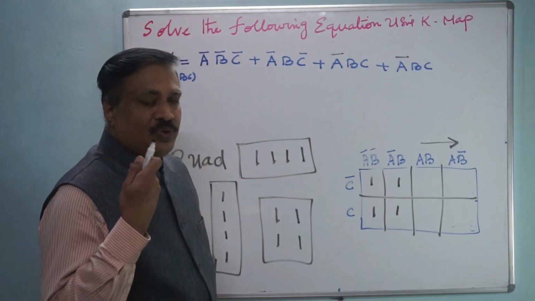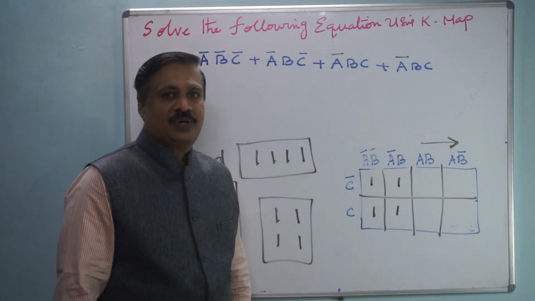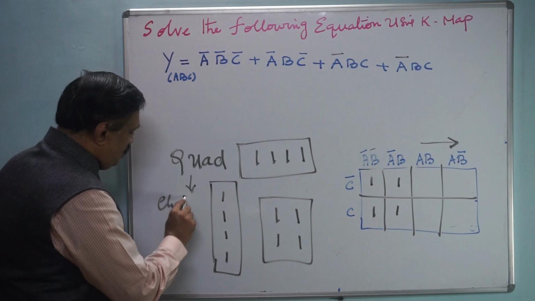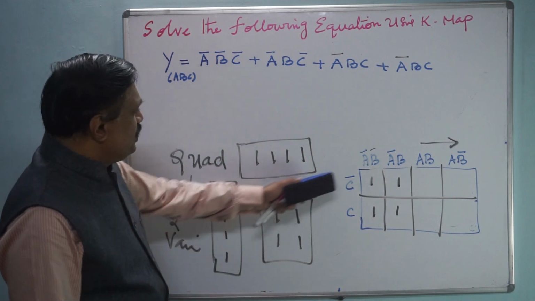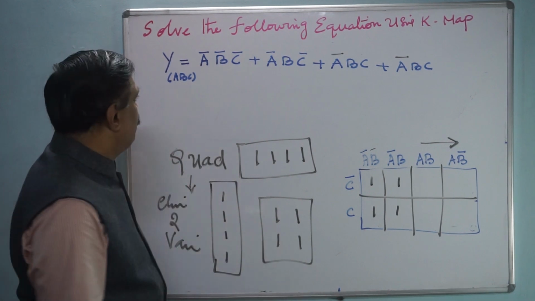Then how to reduce? A quad can eliminate two variables. Now it is a three variable, that means eliminating two variables means you will get only one variable.